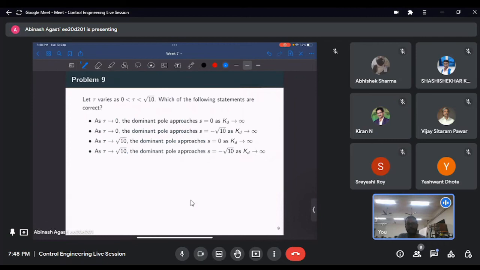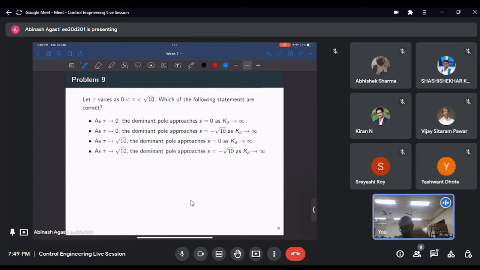So we are given that tau varies from 0 to root 10. Which of the following statements are correct? From amongst these statements you can see that what we are being asked is, as tau goes to 0 or as tau goes to root 10, what is the value of the dominant pole as the gain value goes to infinity?